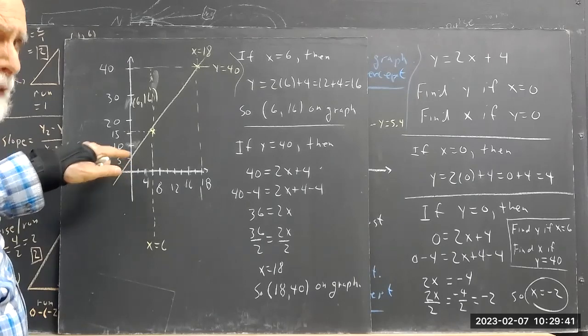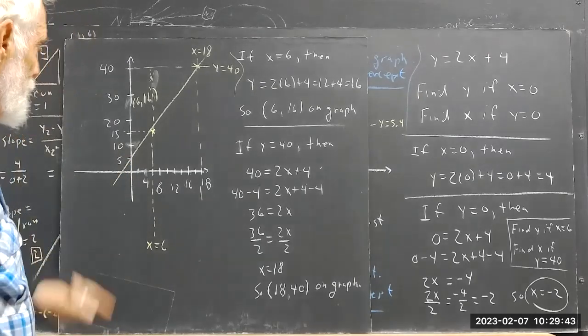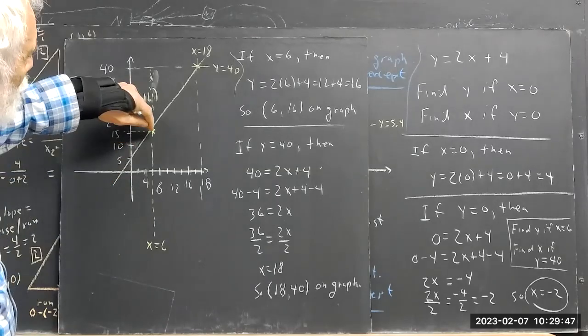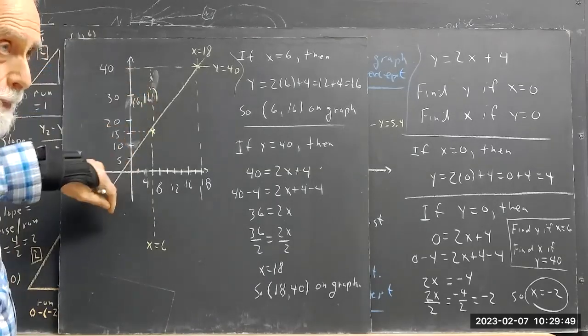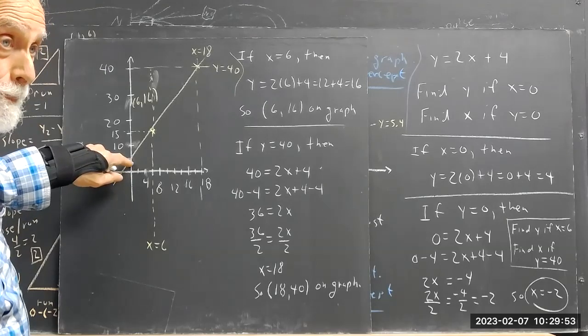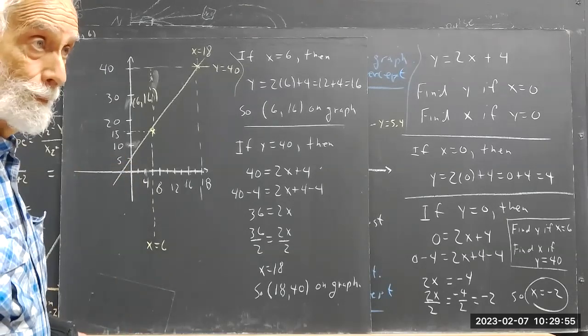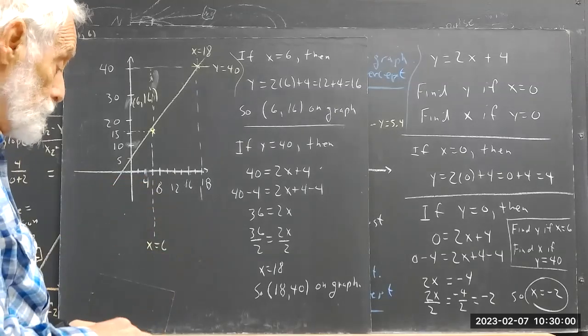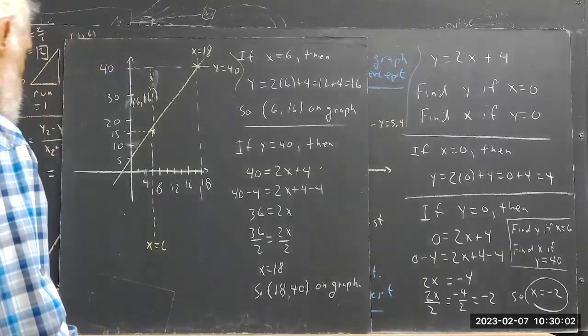So I kind of missed that point by a little bit. And -2, 0. Well, kind of missed that too. But remember, if I actually hit this point, it'd be plausible that I also hit -2, 0, and 0, 4. Okay. It missed, but it's the same line and the same slope, because let's just do a slope here.